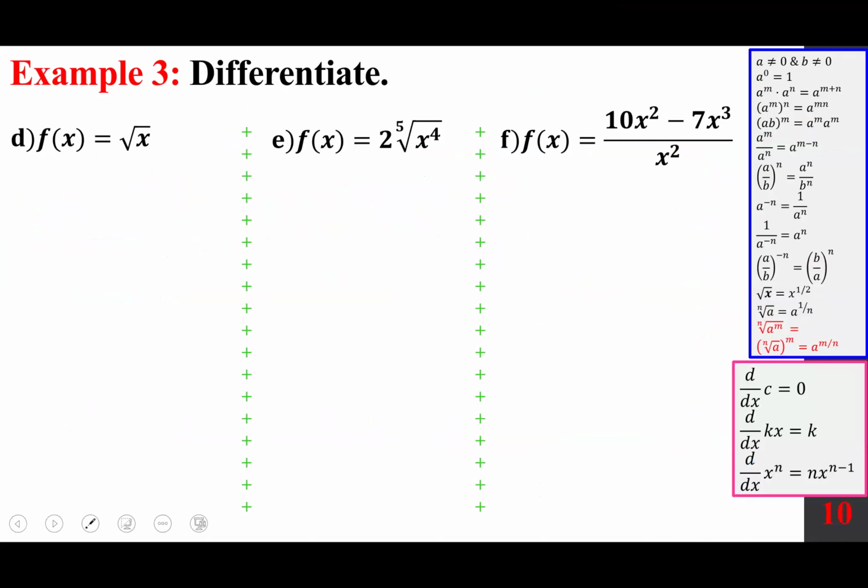Again, we want to use the power rule the way it's given. We can't. We have to use our algebraic technique. The first thing is, we've done this before. We change it to x to the power 1/2.